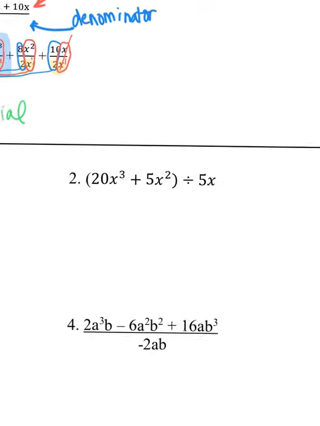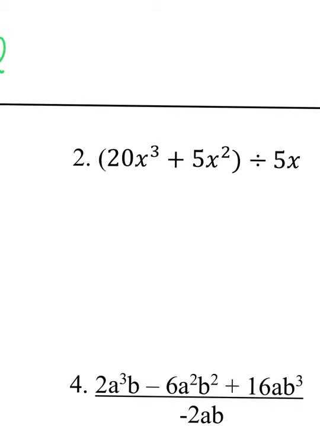Let's look at number 2 together. So here I have 20x to the third plus 5x squared divided by 5x. So let's rewrite that. 20x to the third divided by 5x plus 5x squared divided by 5x.